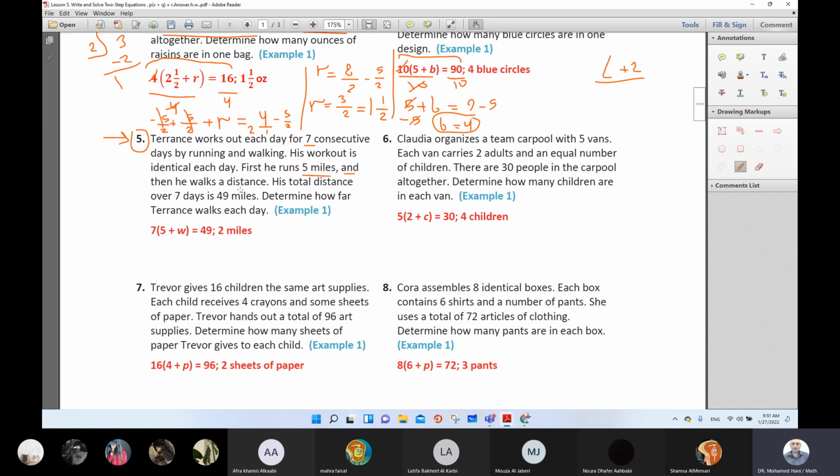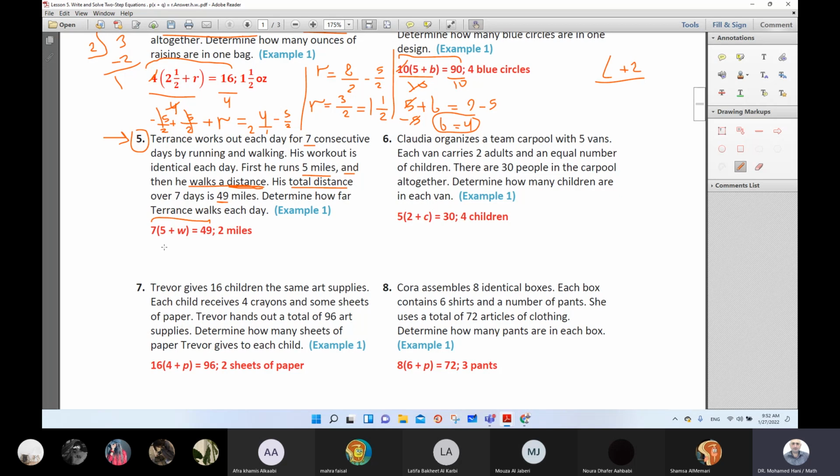He walks a distance, but we don't know the distance, so represent it with a variable, for example W, equal the total distance over 7 days is 49. Then we have the equation now.